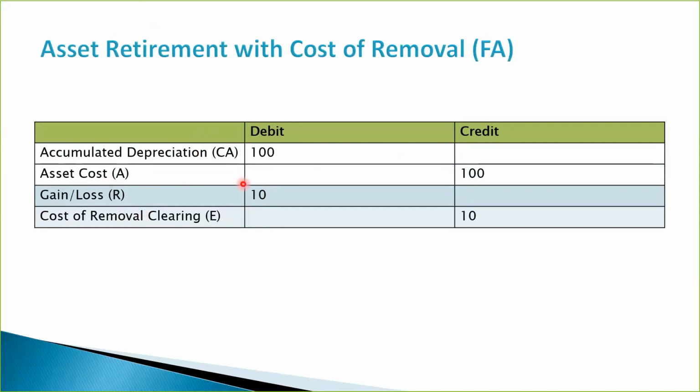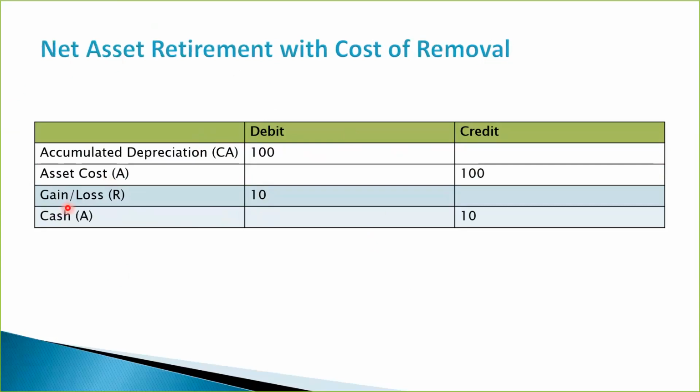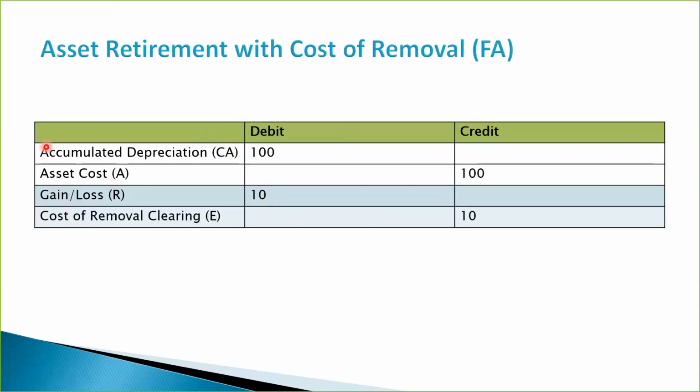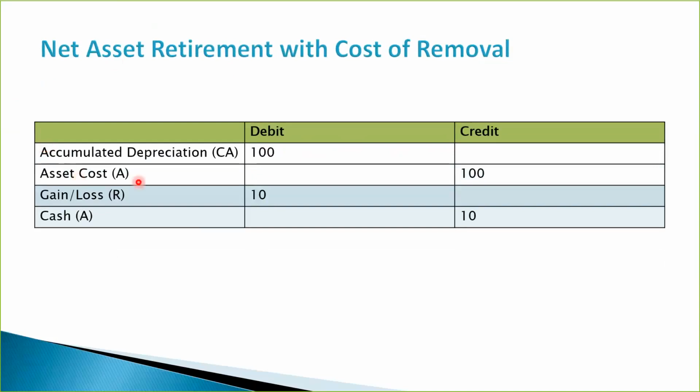So our gain loss account will be hit with a loss. And this is the accounting that will be created by assets for this retirement. The net of those two parts, the FA part and the AP part, is this, whereby you have the retirement and the gain, the loss, and the cash, which you pay out to have that particular asset removed.